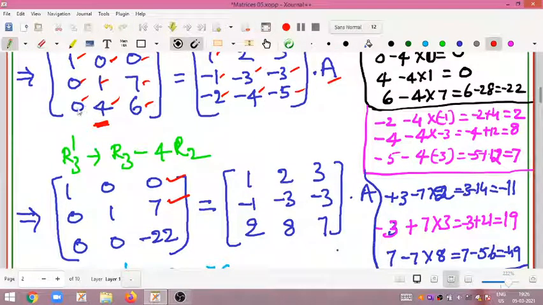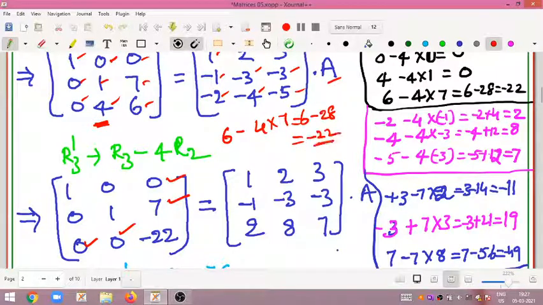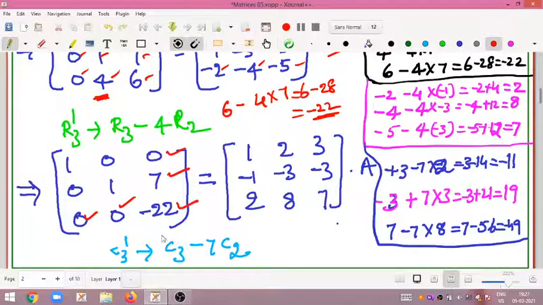R3 element is 0, 0 minus 4 into 0 becomes 0. 0 right. Again, 4 minus 4 into 1, 4 minus 4, 0. Again, this becomes 6 minus 4 into 7. That is 6 minus, 4 7 are 28. 6 minus 28 becomes minus 22. This minus 22 I wrote here.